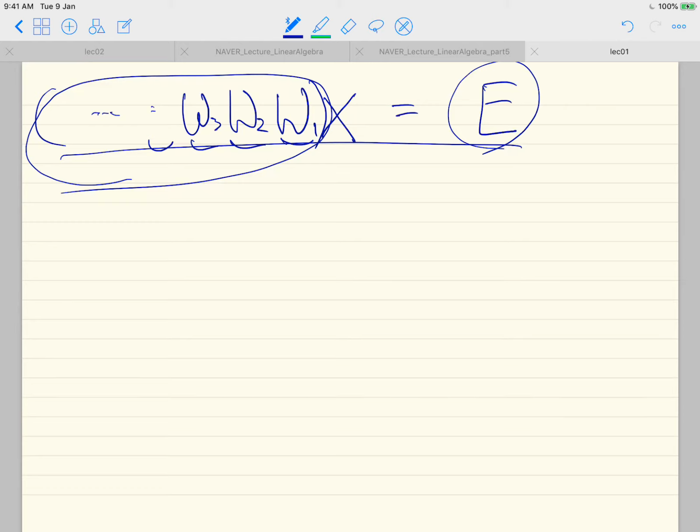So let's just think of the inverse matrix. We can always think of the matrix as some matrix that performs some transformation of a given vector or matrix.